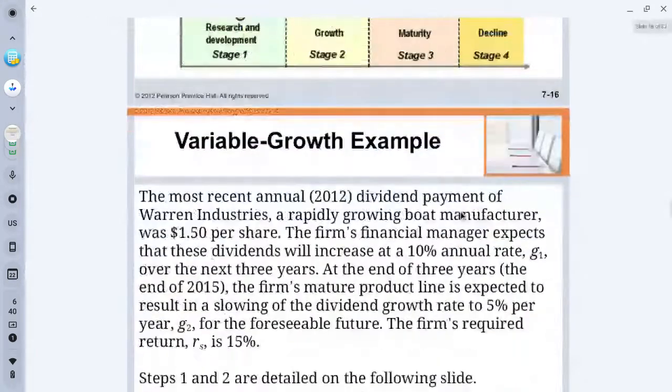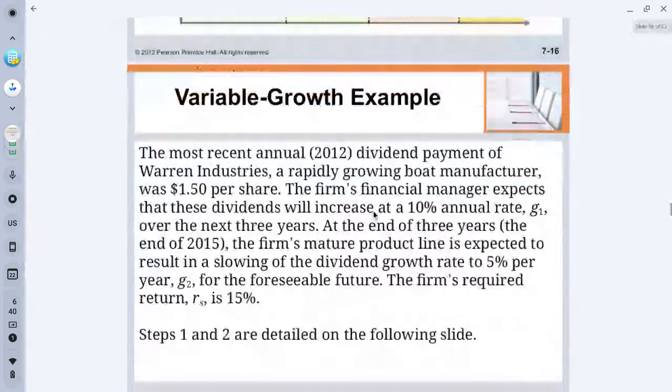So here's an example. The most recent annual dividend of Warren Industries, and most recent means this is time zero. Okay, this is time zero. A rapidly growing boat manufacturer. It doesn't matter the name of the company or the boat manufacturer, what industry.